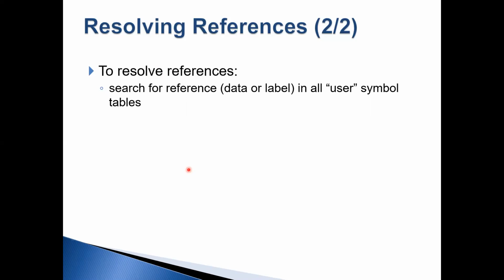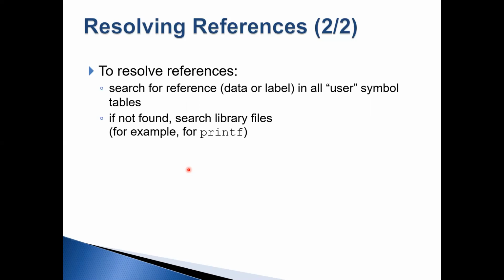Once it finds it, it calculates the address, puts it into your code and replaces the address value with the actual value. If it's not found in your program, then it will search the library object files. And because the object files are all combined into one gigantic file, it knows every single address.